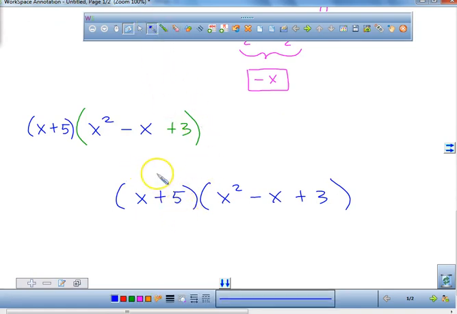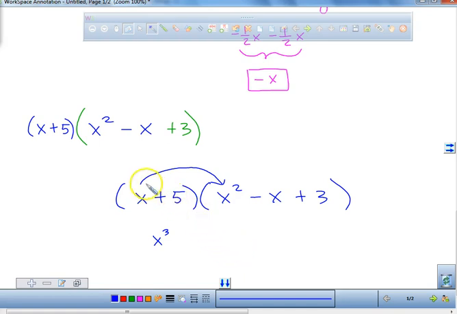We got to do the FOIL method. What's x times x squared? x cubed. What's x times a negative x? Negative x squared.